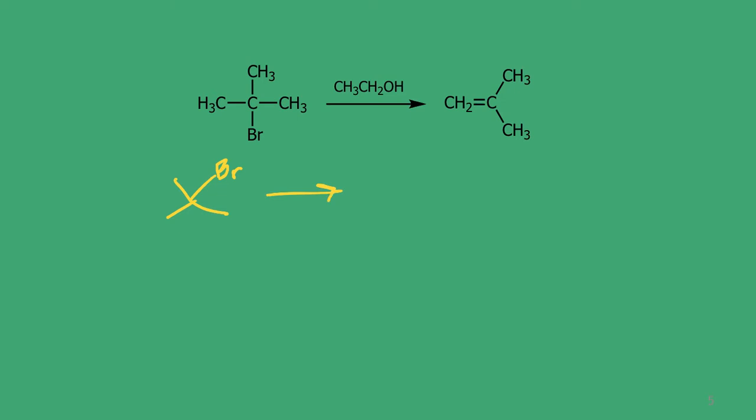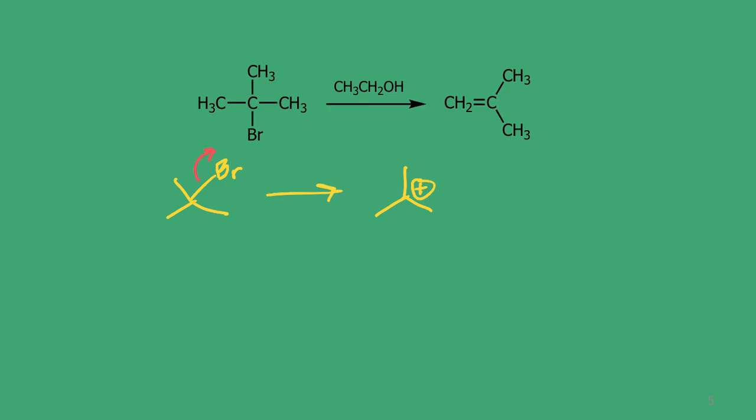And the first step of our mechanism is just going to be ionization, in the same way that the first step of an SN1 mechanism is ionization to form a carbocation. And so we would form this carbocation.